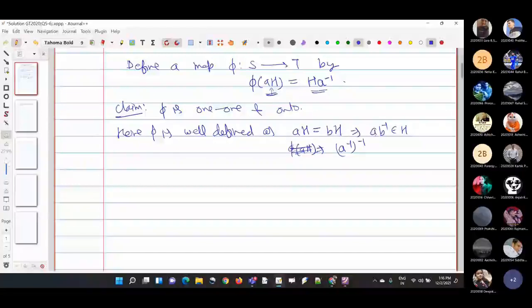So we can write a inverse, and then b inverse belongs to H, and this implies that Ha inverse equals Hb inverse. This is the image of aH, and this equals the image of bH. So this proves that phi is well defined.